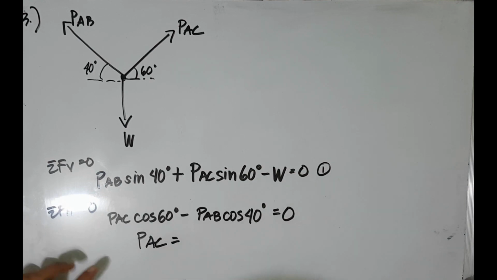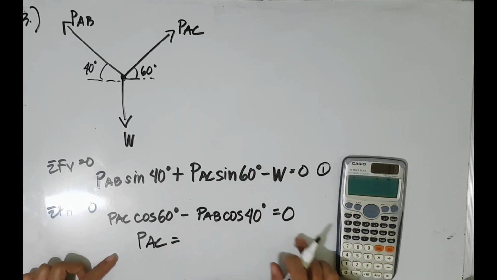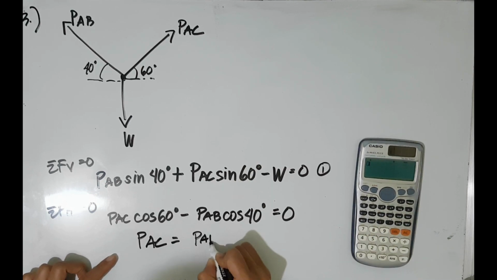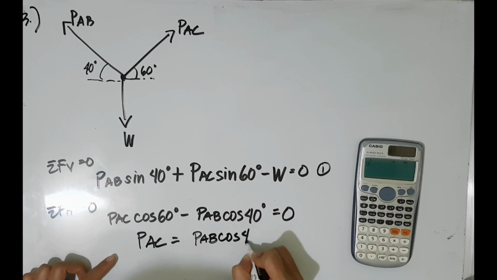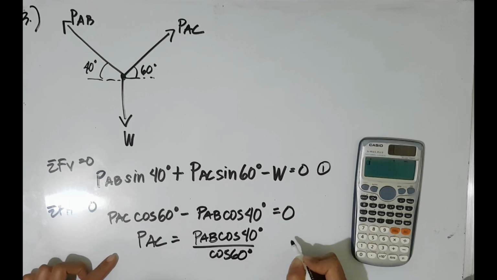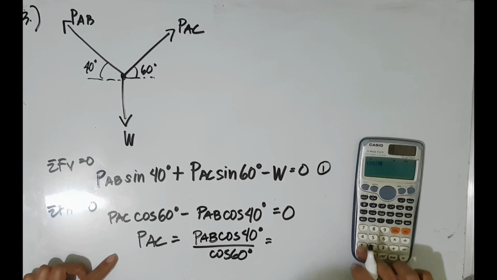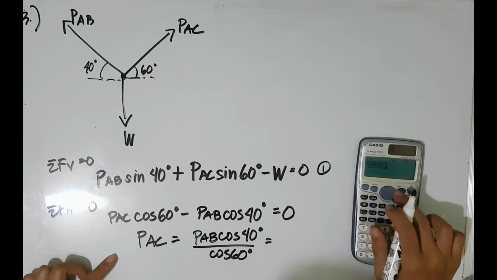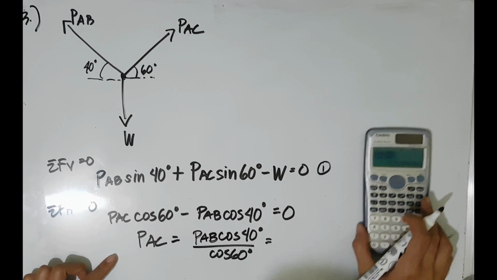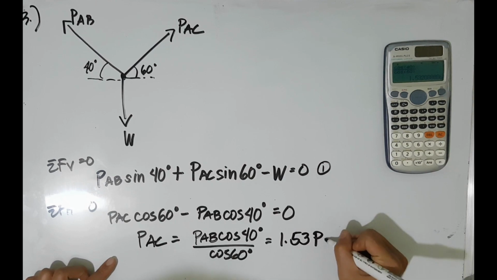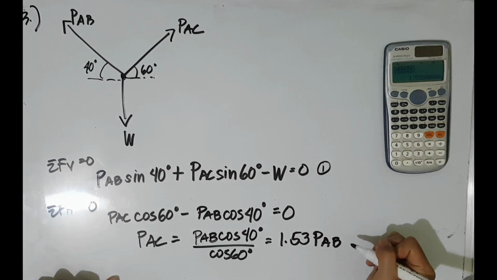Therefore, force AC is equal to 1.53 of force AB.